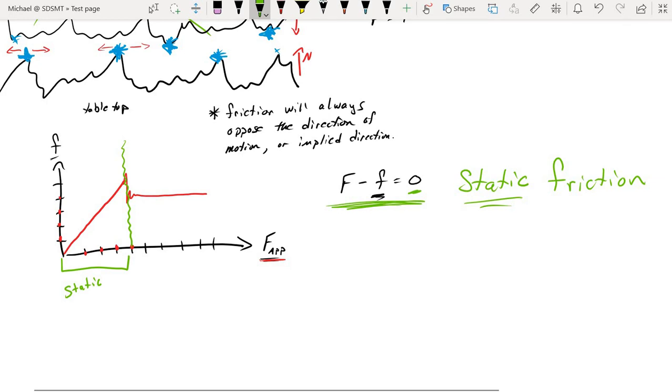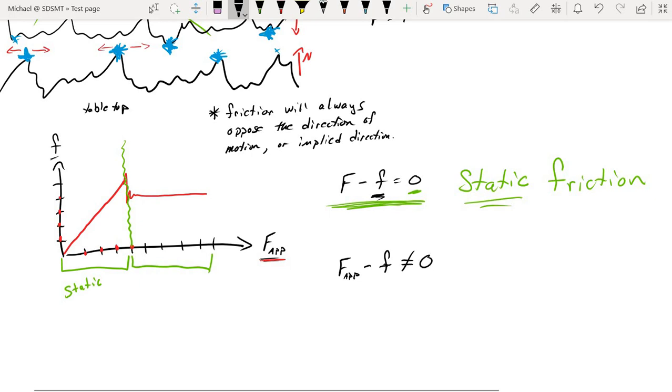So there should be no acceleration when we are utilizing a static friction force. But then there comes a point where we've applied so much force that we overcome the static friction and we start moving. And once that happens, the combination of the applied force and the friction force is no longer equal to 0.